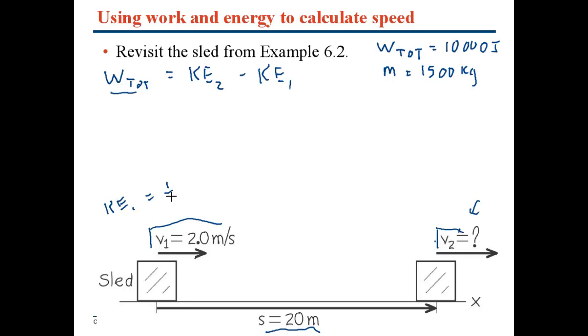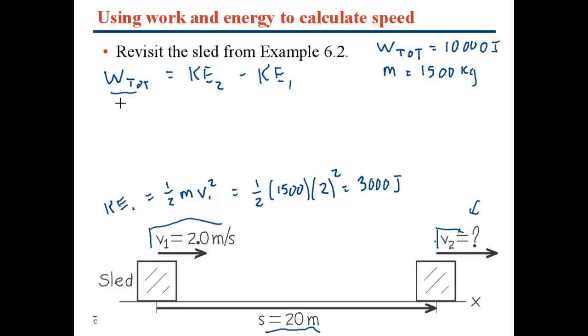It's equal to 1/2 mass times velocity 1 squared, which is 1/2 multiplied by 1,500 kilograms multiplied by velocity 1, which is 2 meters per second, quantity squared, equal to 3,000 joules.